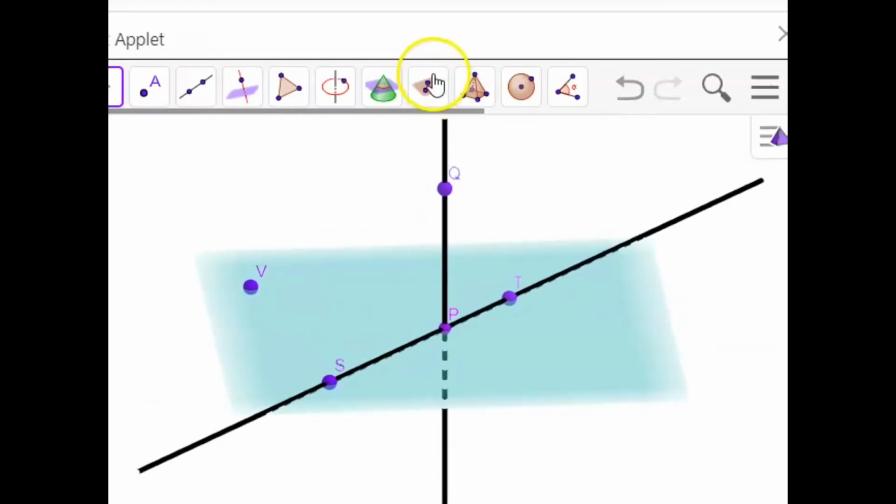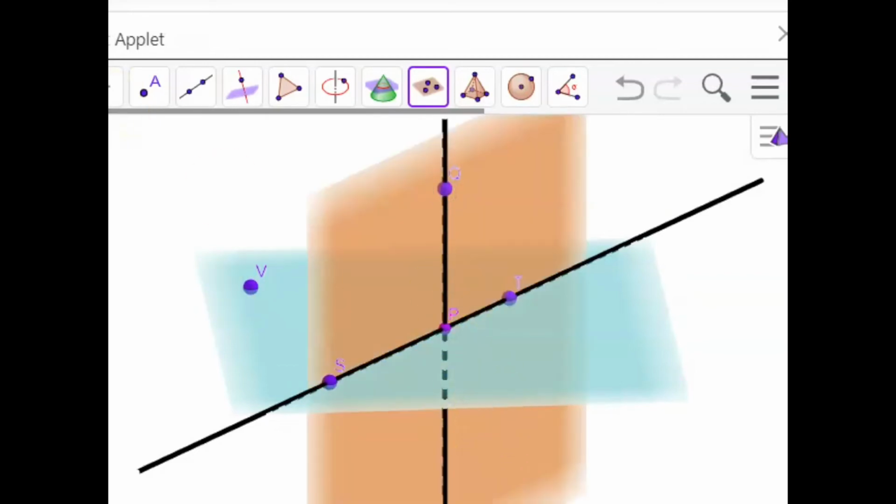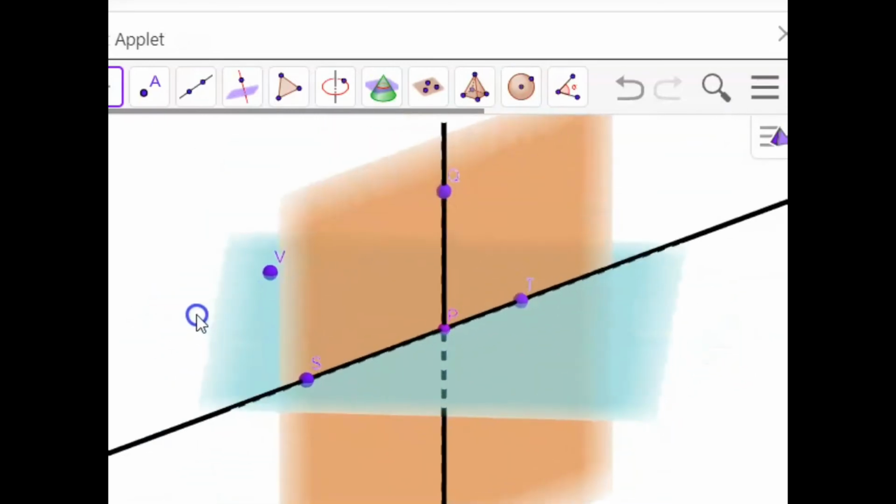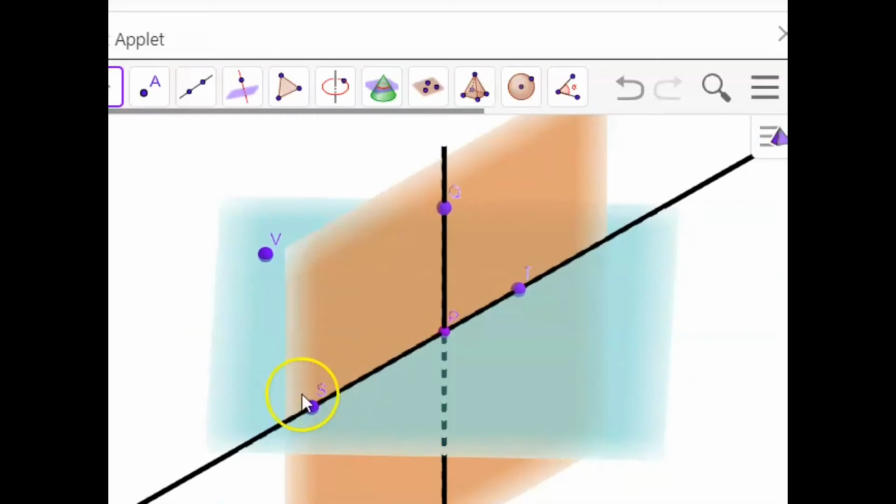So for example, if I went to draw a plane here, and I went through S, P, and T, and I don't pick a point that's not on that line, then I could have a plane that contains points S, P, and T, but it's not the teal plane. It's a totally different plane. And you can draw an infinite number of these planes going through points S, P, and T. So using 3 letters that are on the same line to name a plane does not help us whatsoever.